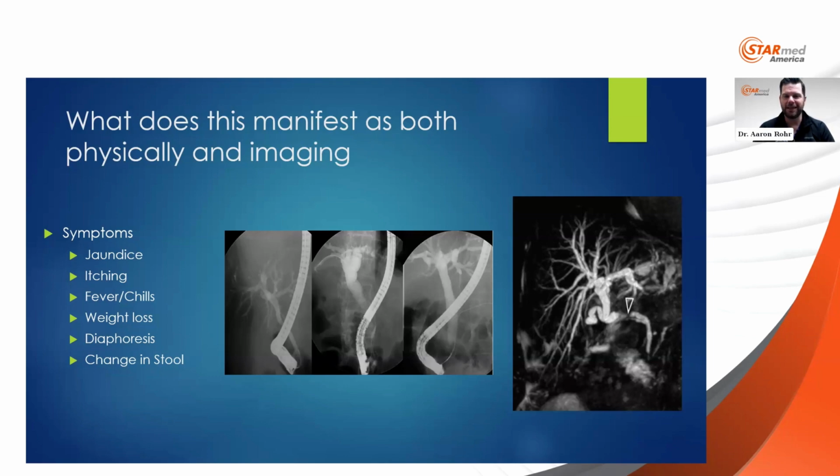Patients present with any typical cholangitic feature, whether it's jaundice, itching, fever, chills, weight loss, all the things that we know and expect. But also imaging. What have they had done? Getting that kind of medical background from the patient, if you will, whether that's ERCP, which we have shown in the middle of the screen there, as well as MRCPs showing obstructions with the ever so reliable arrow sign there.